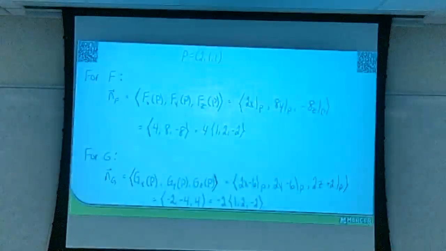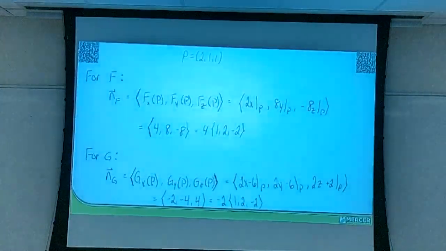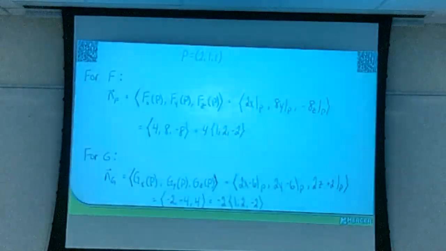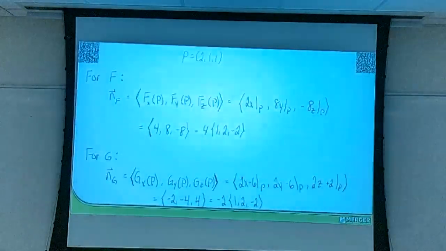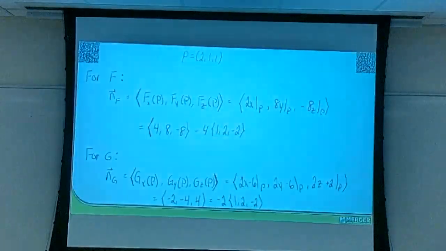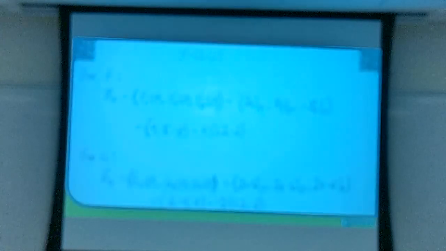So what do you notice about the two normal vectors? How does NF and NG compare? They have the same scalar vector.